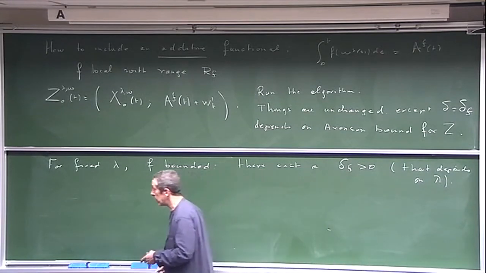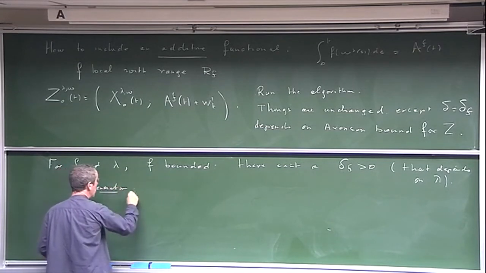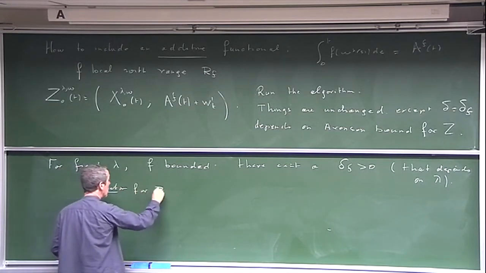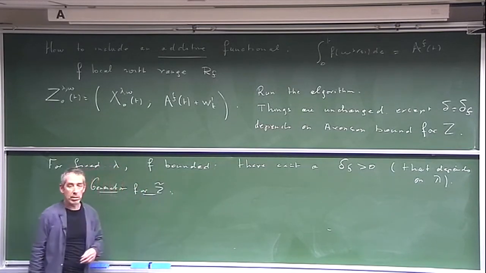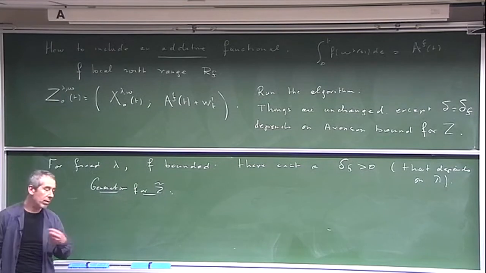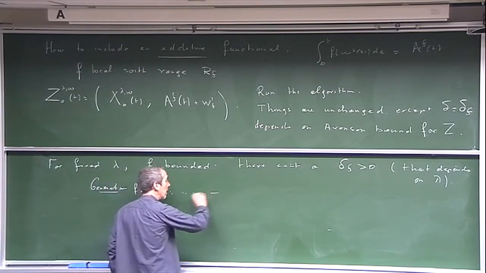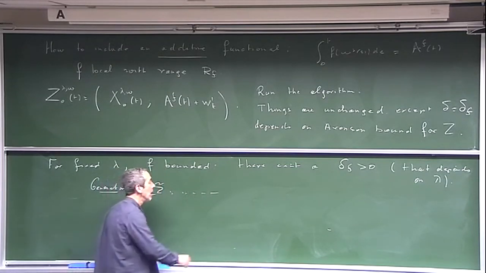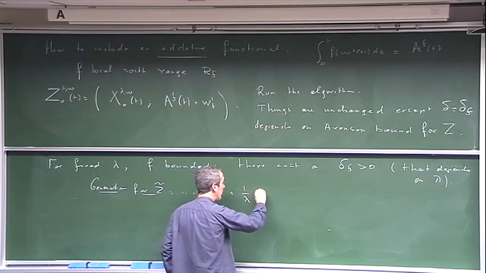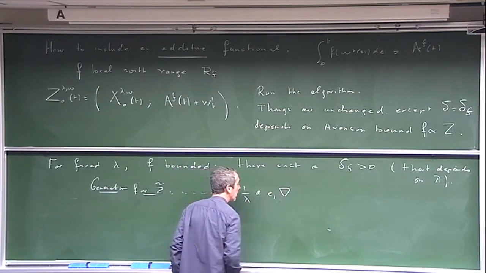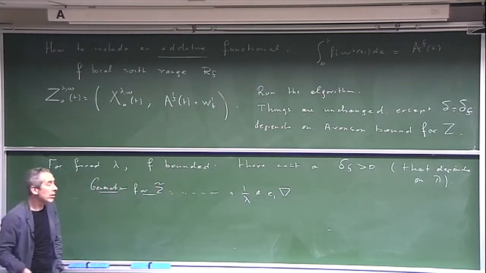Now, it does depend on lambda because if you look at the generator for Z, which we already computed, but you rescale Z, so you put a tilde. This is to rescale it on time scale 1 over lambda squared and space scale 1 over lambda. Then you get many things which are very nice, but you get 1 over lambda times the drift part, A·E1 gradient. So that has an extremely bad behavior.